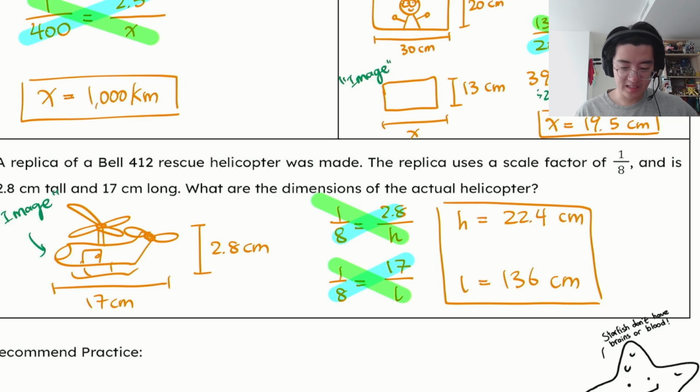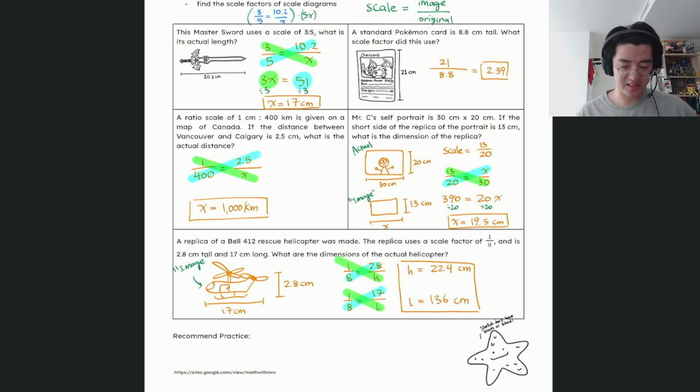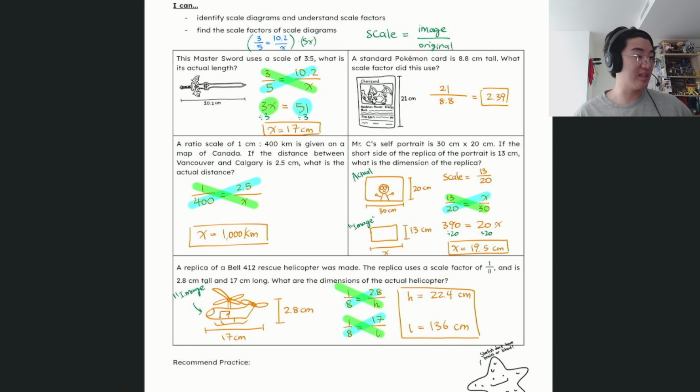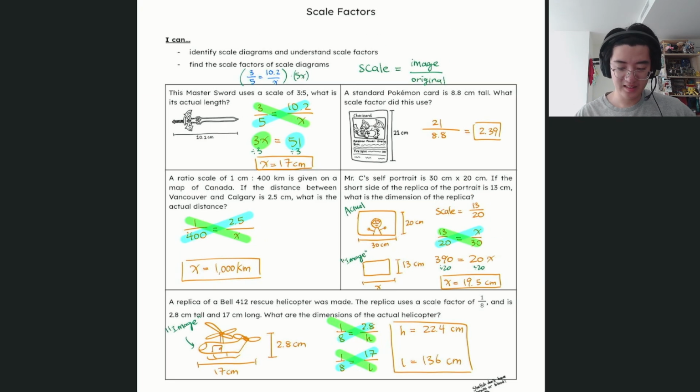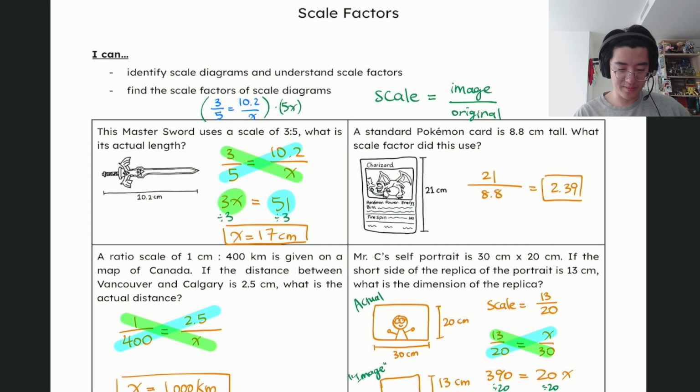Okay, and yeah, that's pretty much it for today's lesson. A lot of it is just using the scale factor that's given to us to get the new image or the new thing over the original thing. The word image here is used pretty loosely.